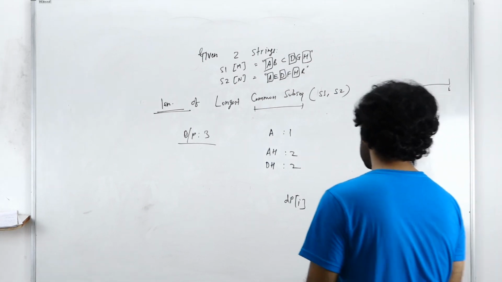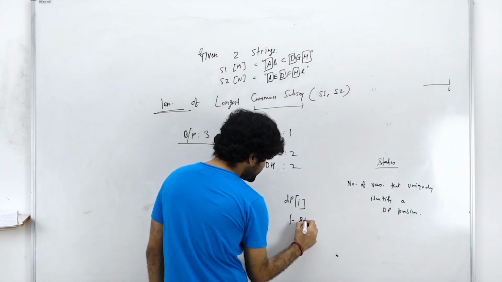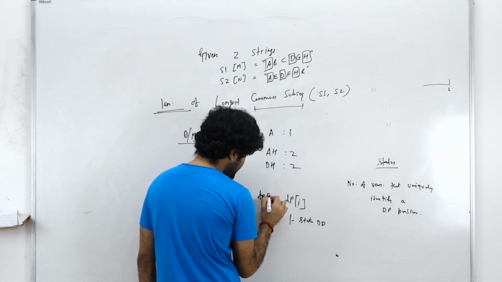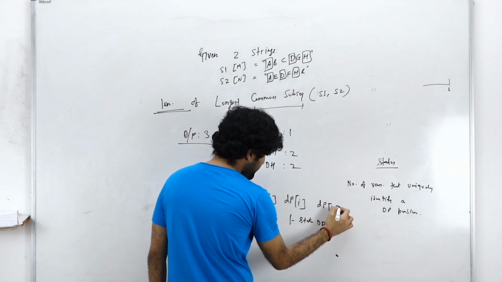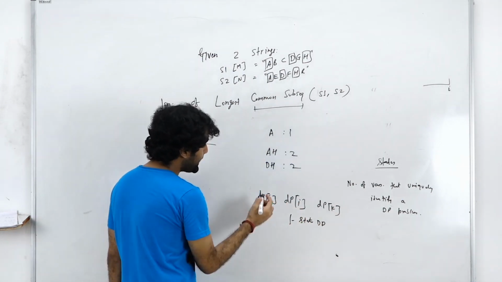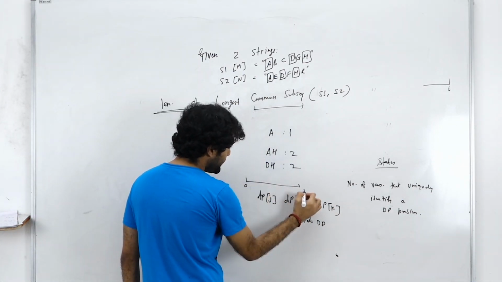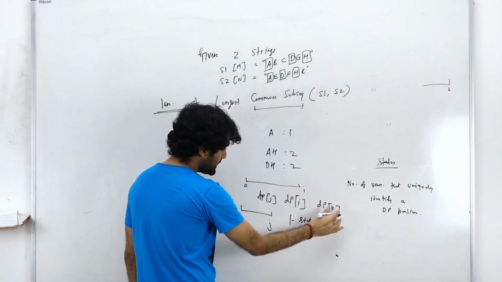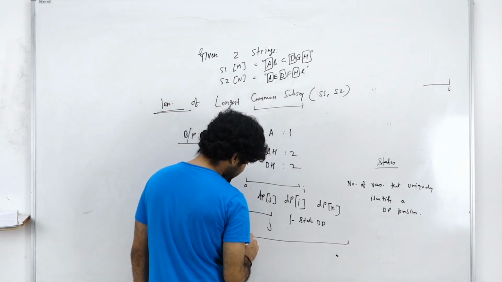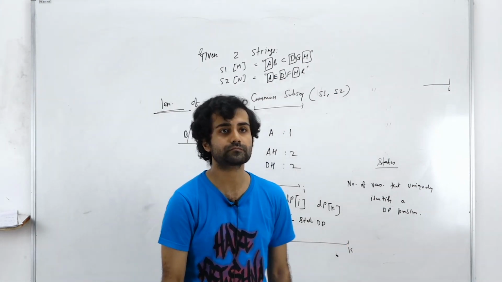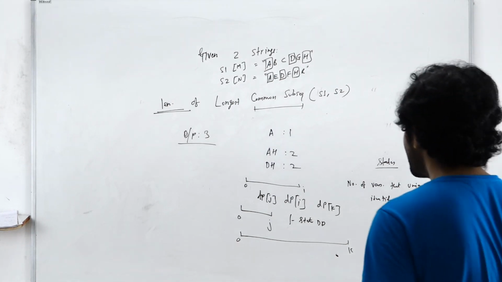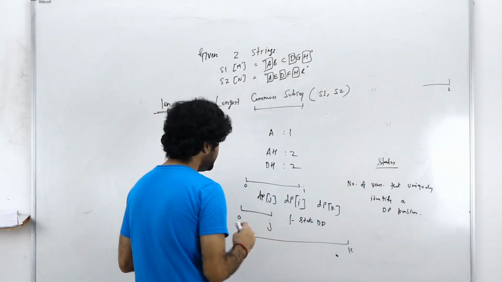So that was one-state DP, because DP of I is clearly different from DP of J or DP of K. DP of I simply means that if I consider the portion from 0 to I, what will be my solution? DP of J means if I consider the portion from 0 to J, what will be my solution? And DP of K means if I consider the portion from 0 to K, what will be my solution? These are the meanings of DP of I, DP of J and DP of K. So this was one-state DP.